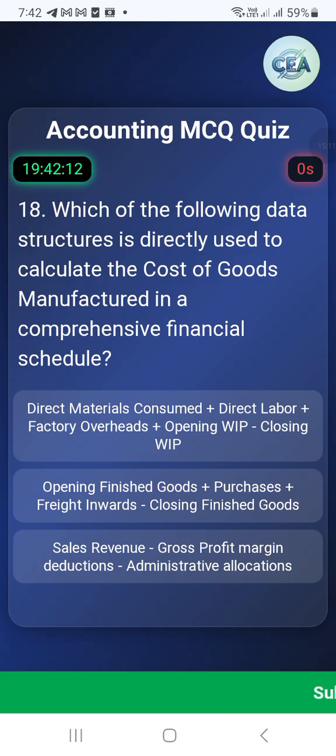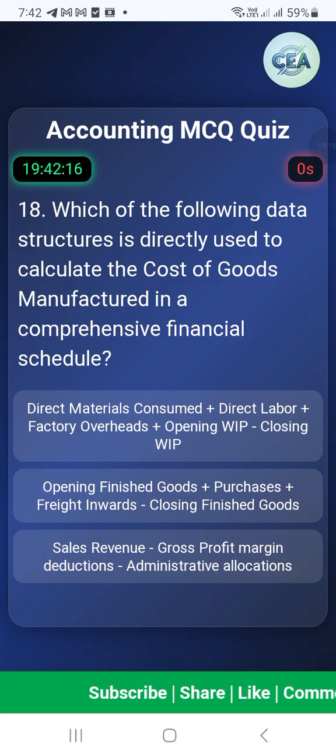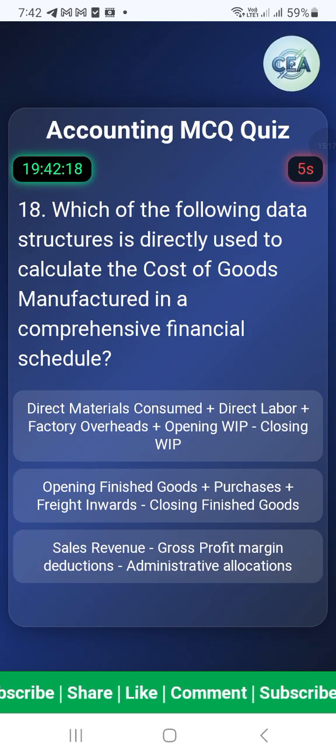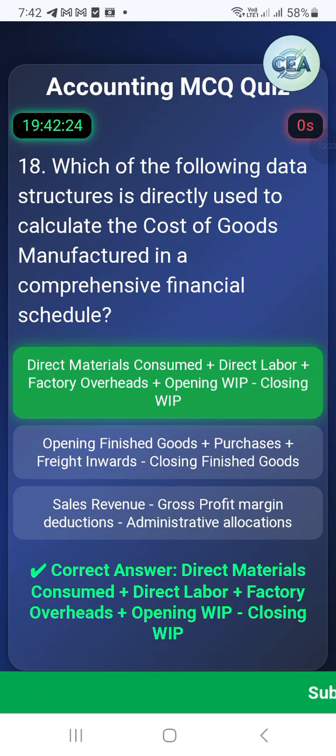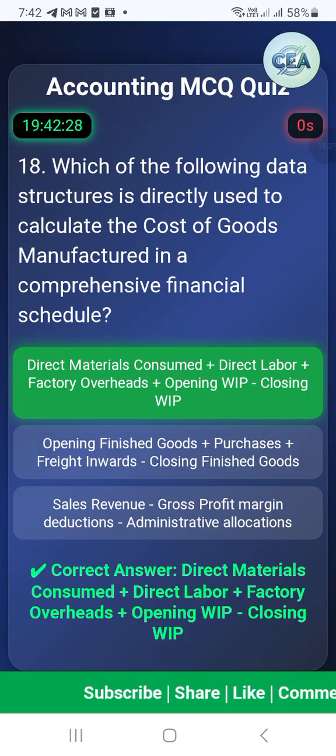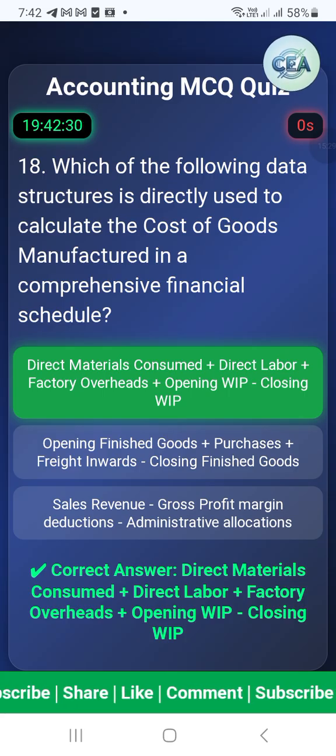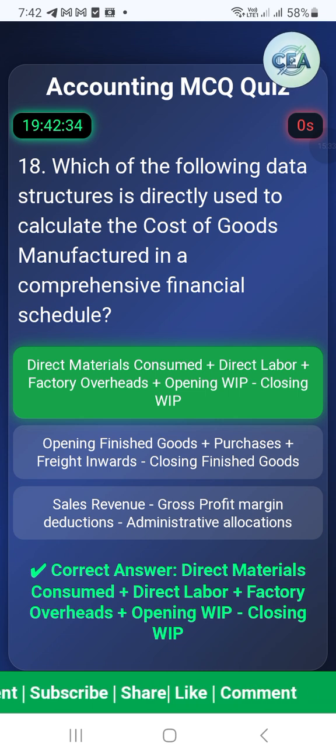Option 3. Sales revenue, gross profit margin deductions, administrative allocations. Correct answer is direct materials consumed plus direct labor plus factory overheads plus opening WIP, less closing WIP.